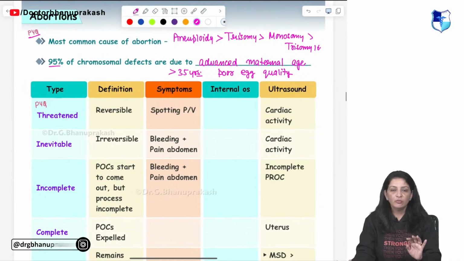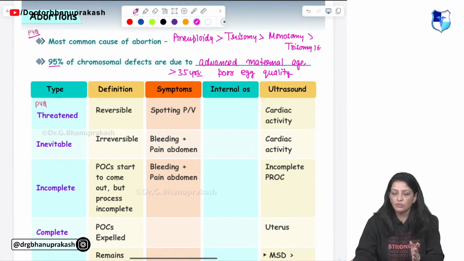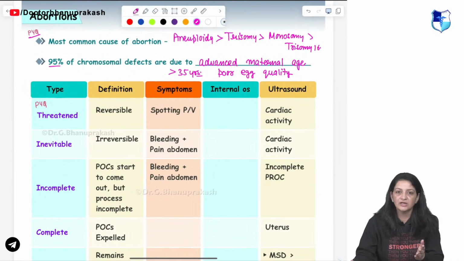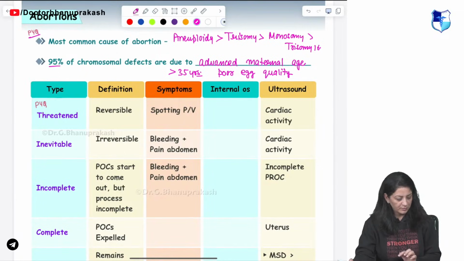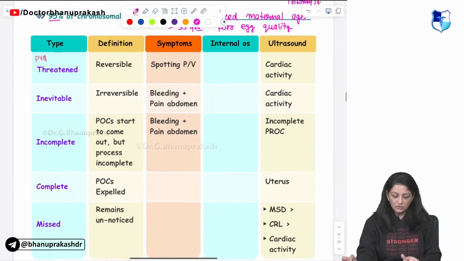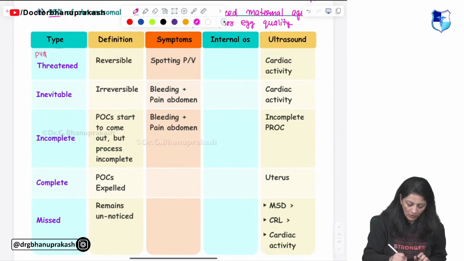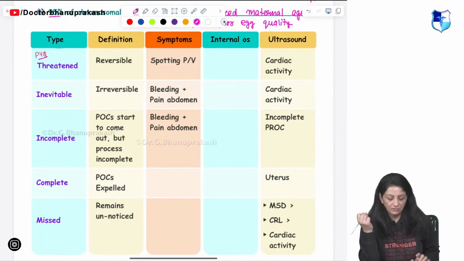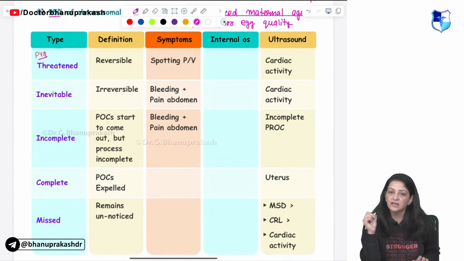So 3 types of abortion: spontaneous abortion, or you can say isolated. Second one, recurrent abortions. Third one, induced. Induced means MTP. The types of spontaneous abortion are 5: threatened, inevitable, incomplete, complete and missed.